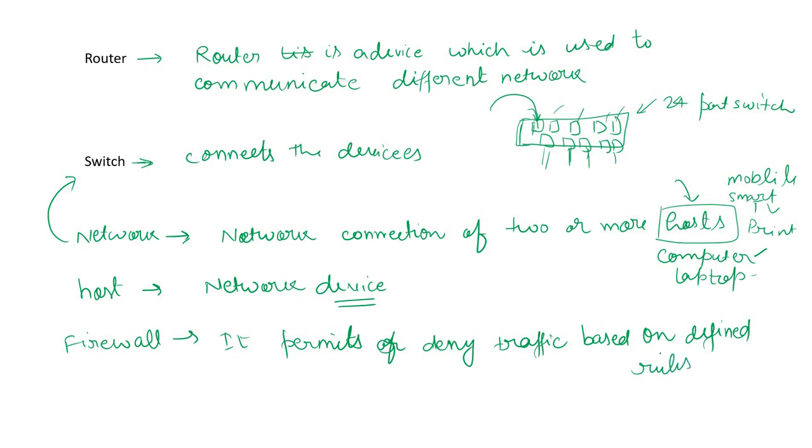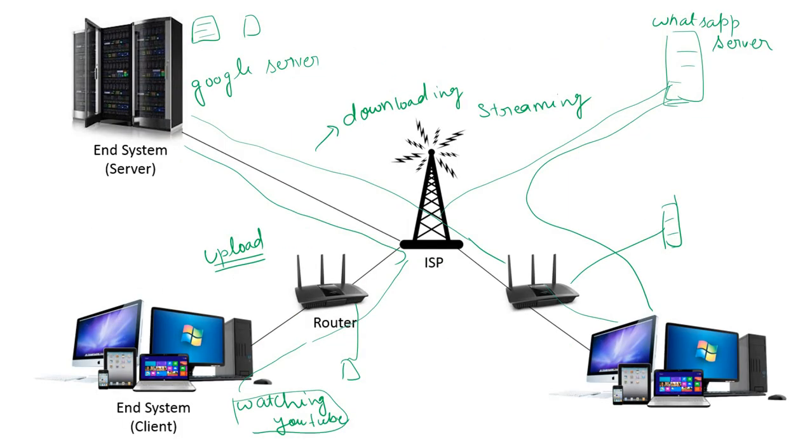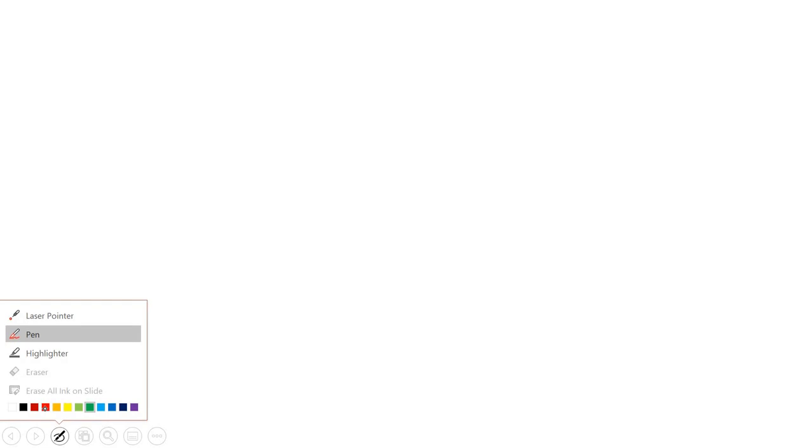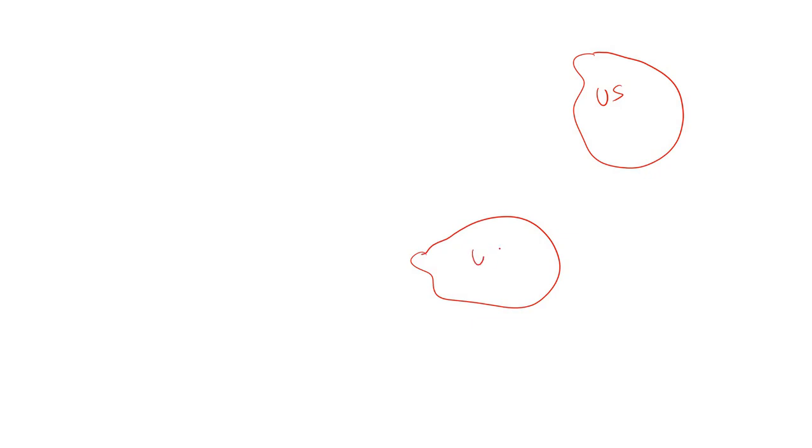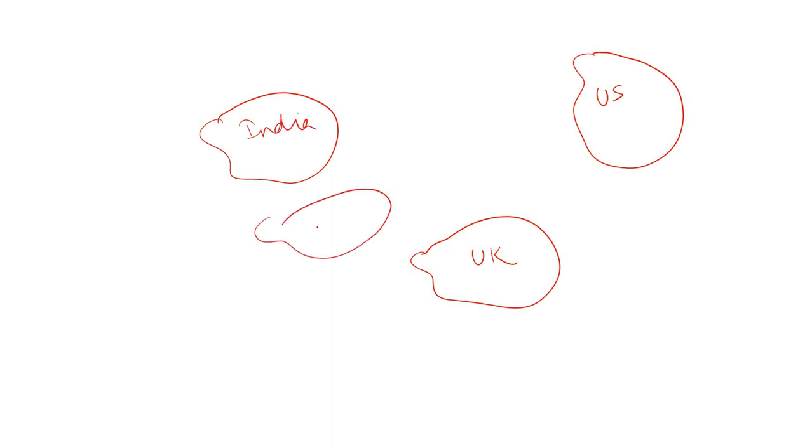There was a time when multiple companies and multiple countries started to connecting to each other. Suppose this was our US, here it was UK, India somewhere, China, and some other countries like Spain or Egypt.